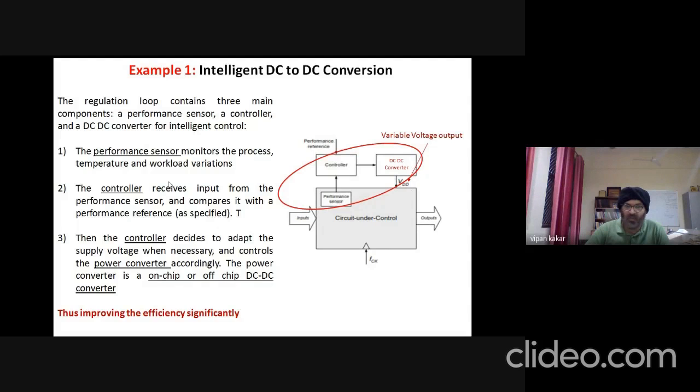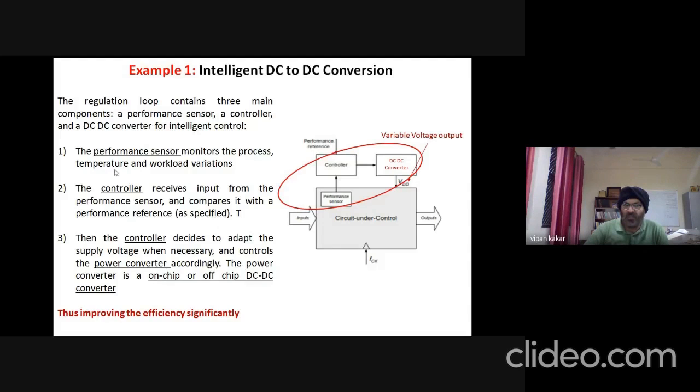First of all, let me tell you that it monitors the temperature also: workload variations, temperature and process. Process in the sense that due to temperature rising, the internal variation of a circuit happens. And you know, just by raising the temperature, the circuit behavior changes. Semiconductor behavior changes.